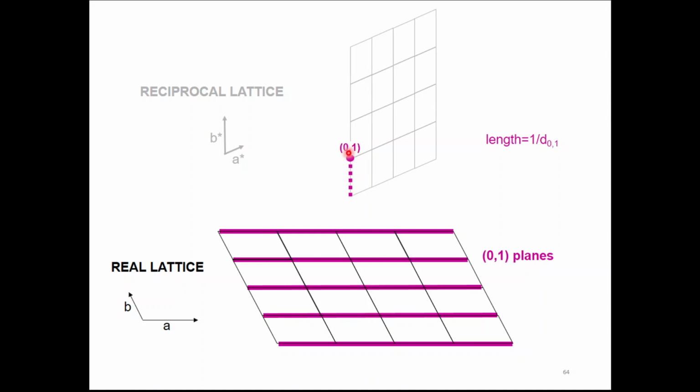So this is like 0 1, okay, because this is the 0 1 planes. And as I told you, one spot in reciprocal space always gives you a family of planes in the real lattice. So this one spot is obtained by taking the reciprocal of the interplanar spacing of this set of planes in the perpendicular direction. So we have obtained that.